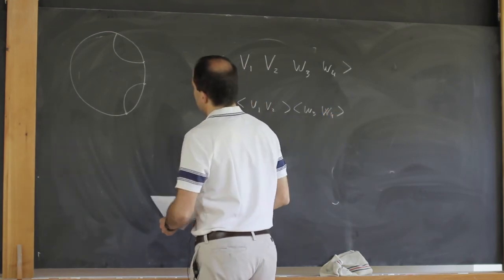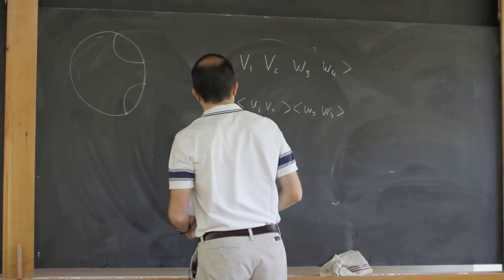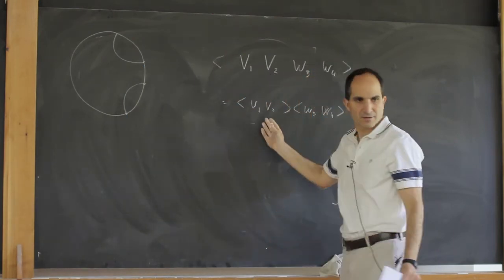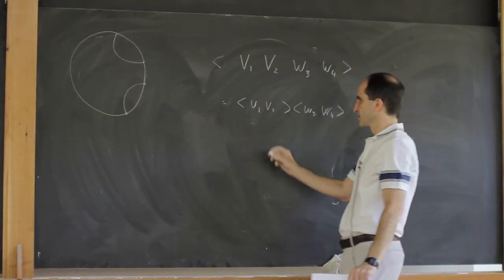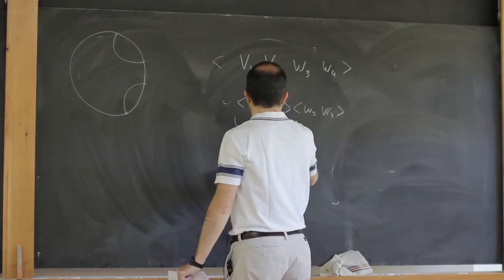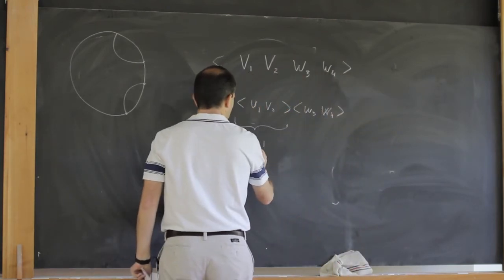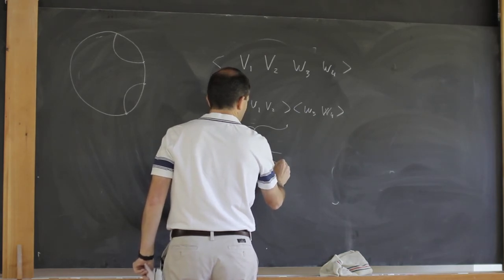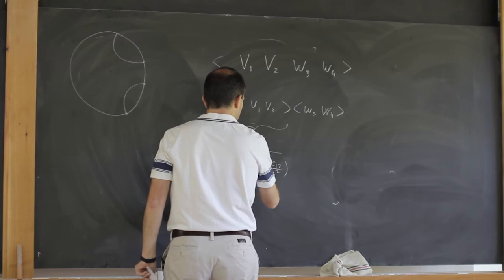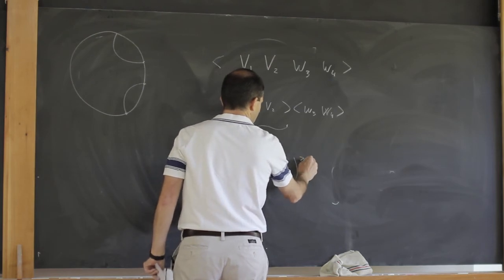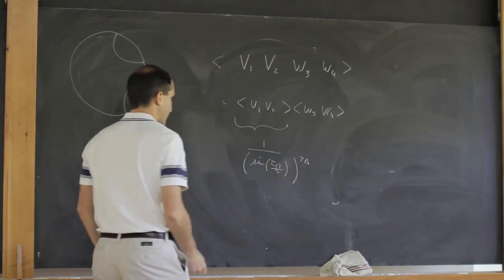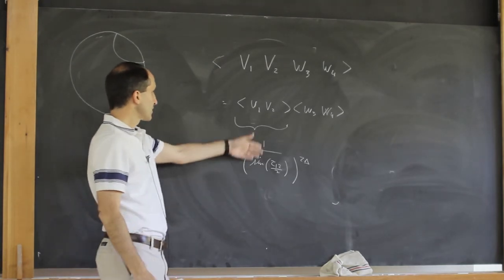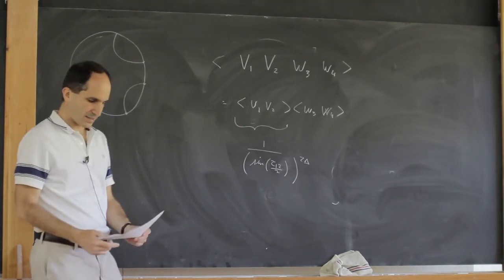And if we were in Euclidean space, this would be just the conformal invariant expressions for these correlators. So in particular, for example, this one would be something like 1 over sine of tau 1,2 over 2, to the power 2 delta, where tau is the variable that has period 2 pi. That's one way we could get this answer.